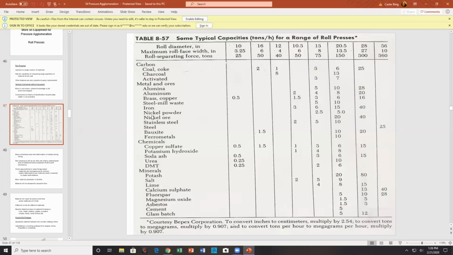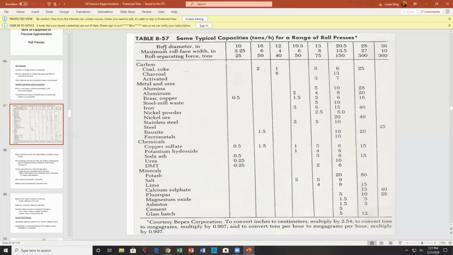We have different materials sitting here. We have the roller diameter used, the maximum roll face width in inches, 3 to 6 inches. Roll separating force, 25 tons, woohoo, 150 tons, 300. B-plex, again, this was probably taken from somewhere, I don't know where, but I'm sure you can update it.